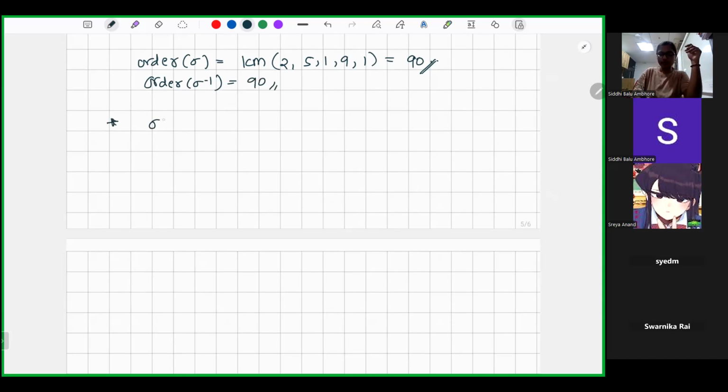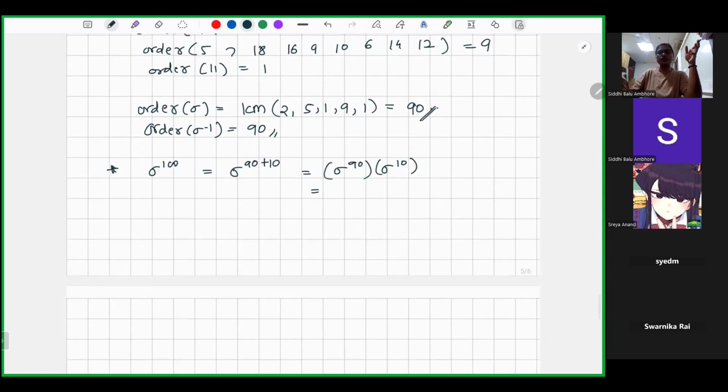And now we have to calculate what sigma power 100 is. That is asked. Note that we are in a group, and 90 is the order of sigma. So 100 is 90 plus 10. When I do this, it is sigma power 90 into sigma power 10, right? But sigma power 90 is the identity permutation because the order of sigma is 90.